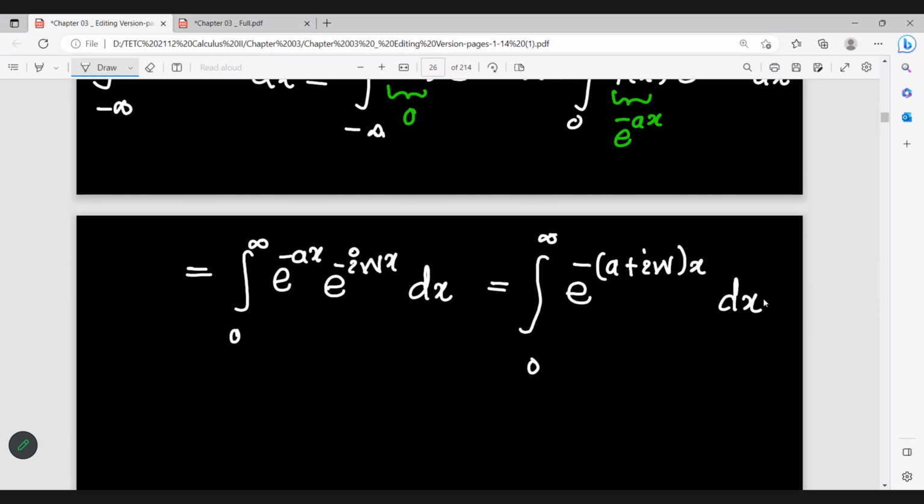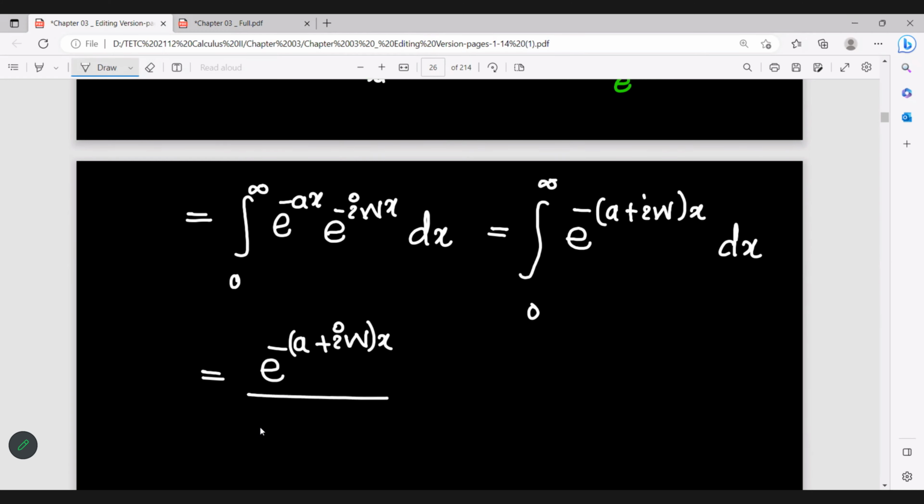Now you need to integrate. So this is equal to e to the power minus (a plus iw) x over minus (a plus iw), and we need to substitute the lower and upper limits for the variable x.